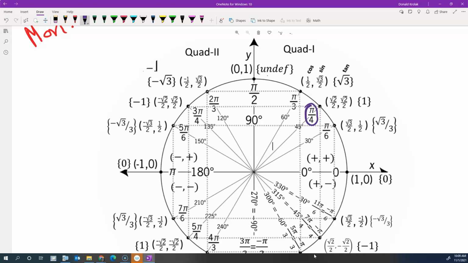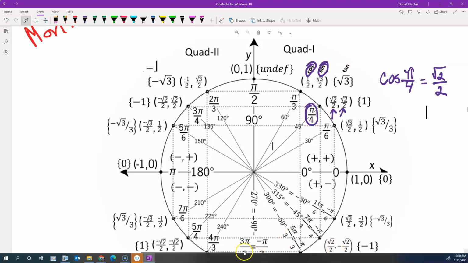So here's pi over 4. The first coordinate is always the cosine, and the second coordinate is always the sine. So this phrase, cosine pi over 4, is another way of writing root 2 over 2. Okay?